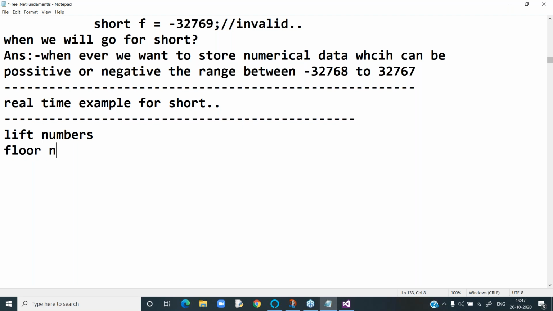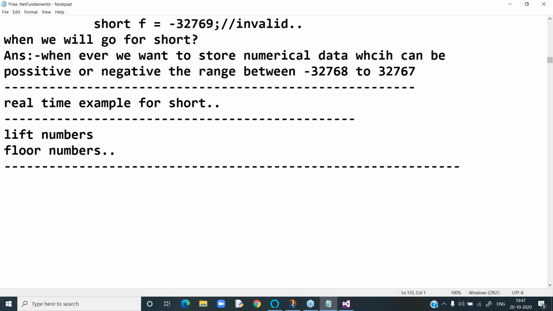Like that, it crosses 127. Floor numbers, lift numbers and floor numbers.